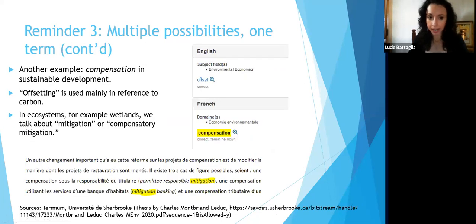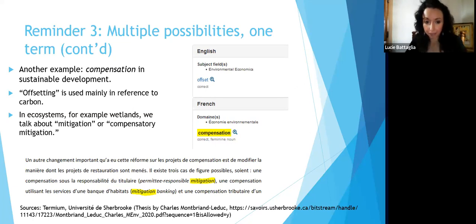Another example would be compensation in French in the field of sustainable development. As a French to English translator, I'd be very tempted to translate it by offsetting every chance I get, but it's not always correct. Offsetting is used mainly in reference to carbon, but when we're talking about compensation in ecosystems, mitigation might be more appropriate and is more in use.